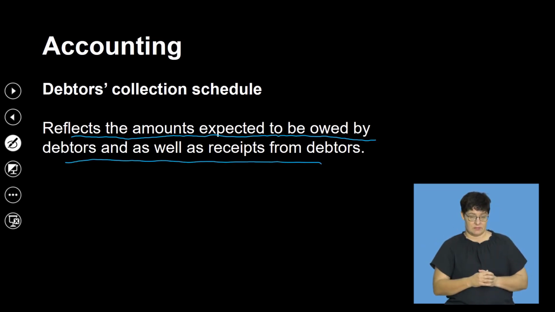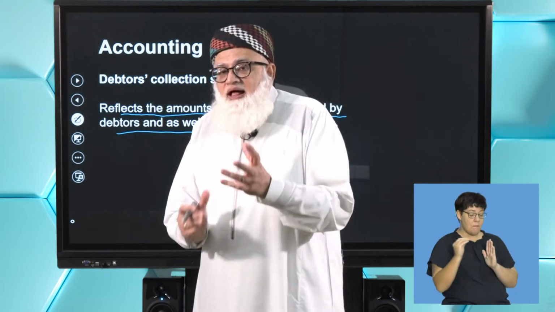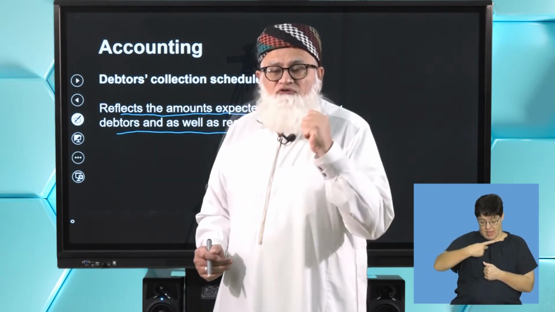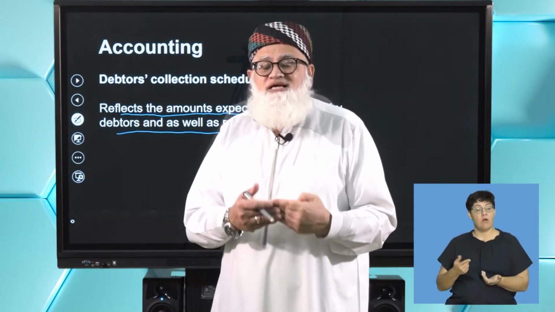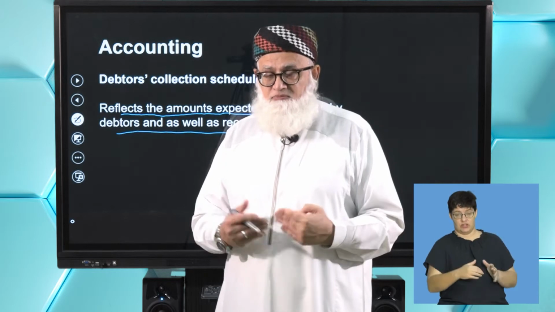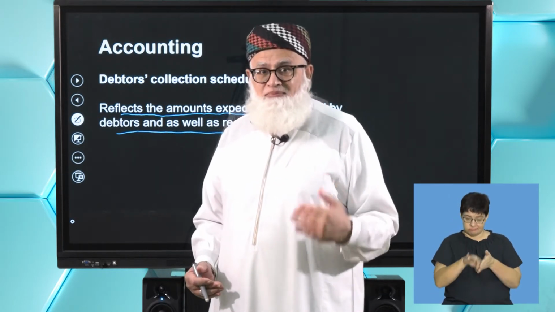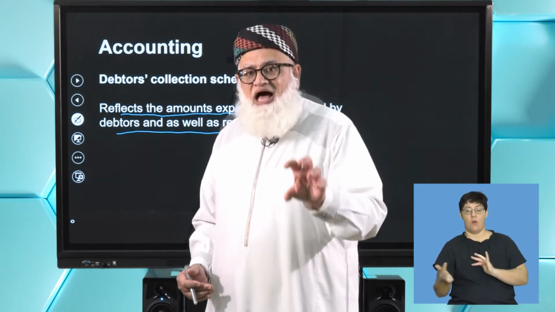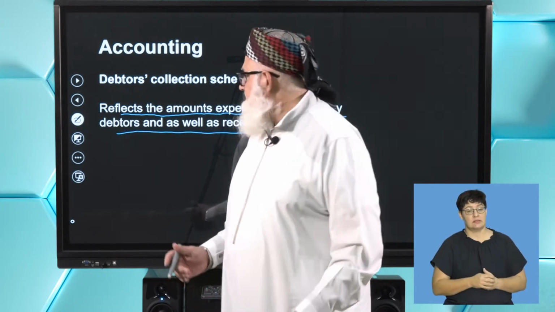The debtor's collection schedule, let me put it to you so that you understand exactly what it is, will reflect the amounts that we anticipate to receive from our debtors in terms of the terms of agreement. That means when you're selling goods on credit, you're going to establish with the debtor, telling them exactly this is how we expect you to settle your debt.